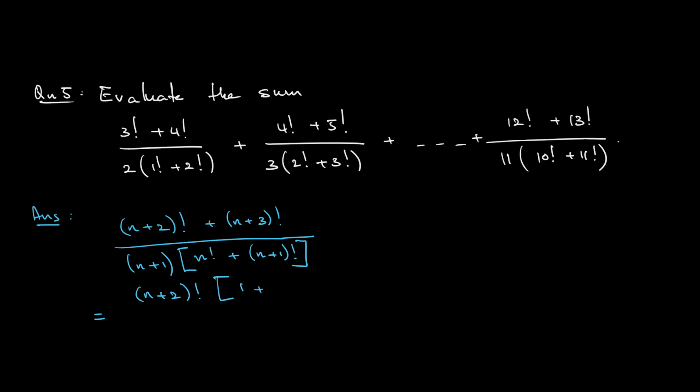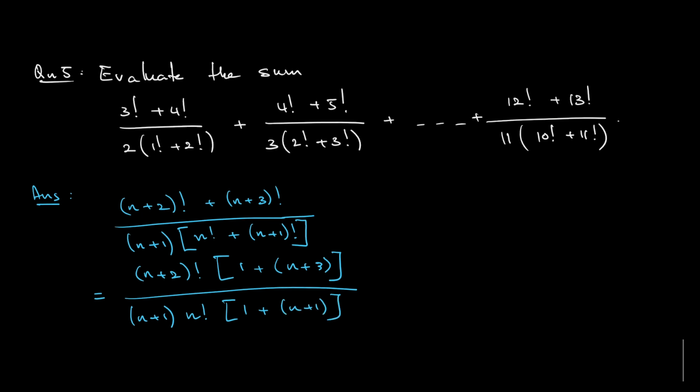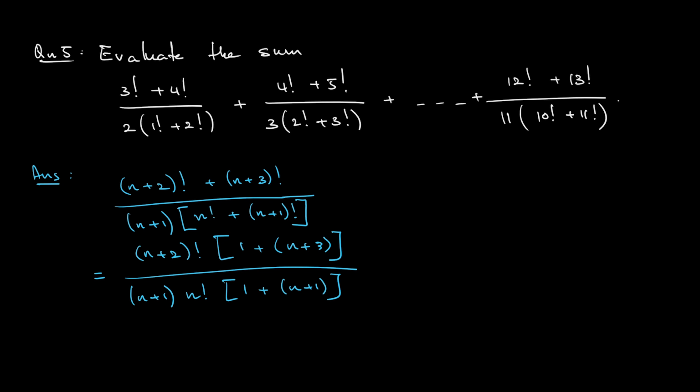But I take n plus 2 factorial out, meaning that it will leave me with the last term only, over n plus 1, nothing changed. Within this bracket, I can take n factorial as a factor. So what's left? Again, it will be just 1 plus, with similar logic, n plus 1. Let's try to simplify this.